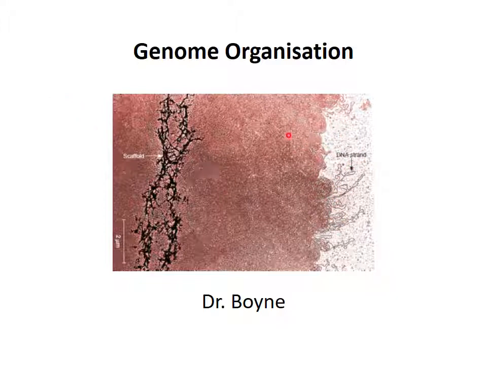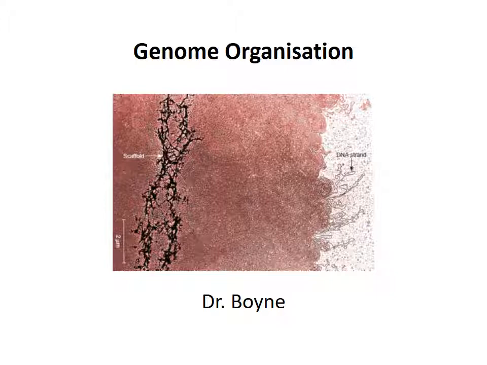So we need very complex and careful organisation of all this DNA in order to, one, package it all inside a eukaryotic cell, and two, actually access it when we need to in order to replicate it and use it to make messenger RNA and protein.